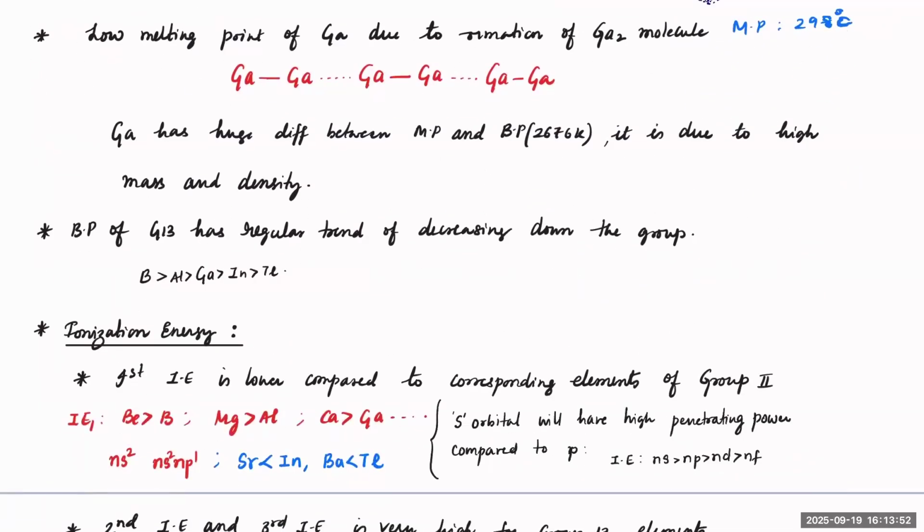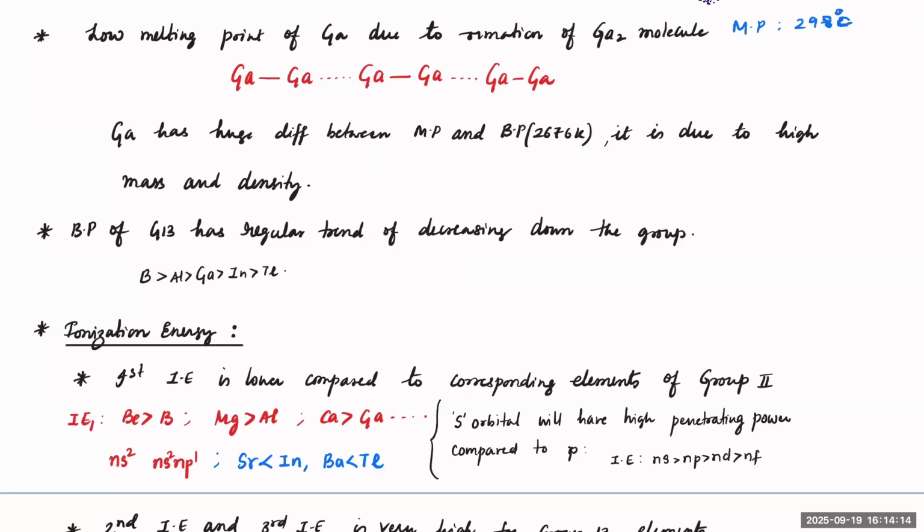But one thing we need to observe is that between melting point and boiling point, there is a huge difference. Melting point is hardly around 310 kelvin, and boiling point is around 2676 kelvin. So you can see there is a huge gap between them.